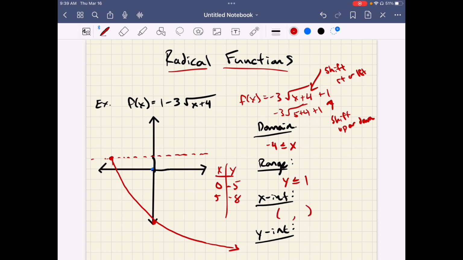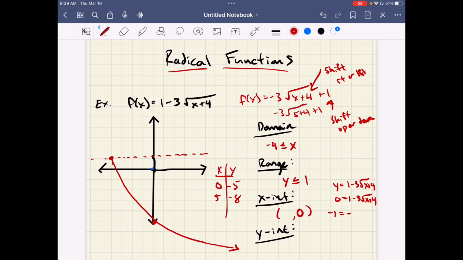All right, so then the next thing we're going to figure out is the x-intercept. What do we know about the x-intercept? Well, I know my y would be 0. So I can take my original function, y equals 1 minus 3 times the square root of x plus 4, and plug in a 0. Now what we have here is a radical equation, so I'm going to solve it.